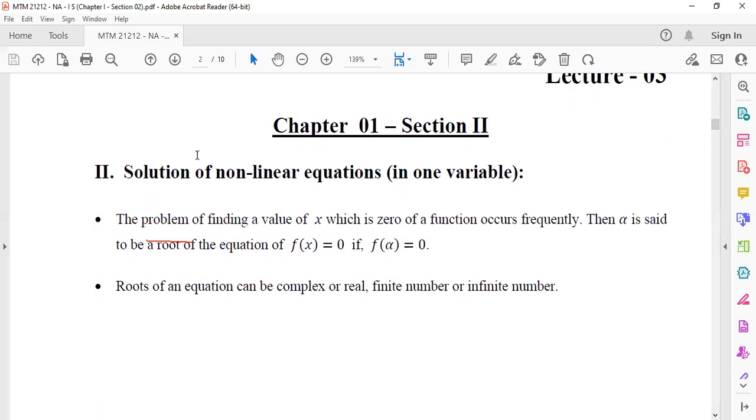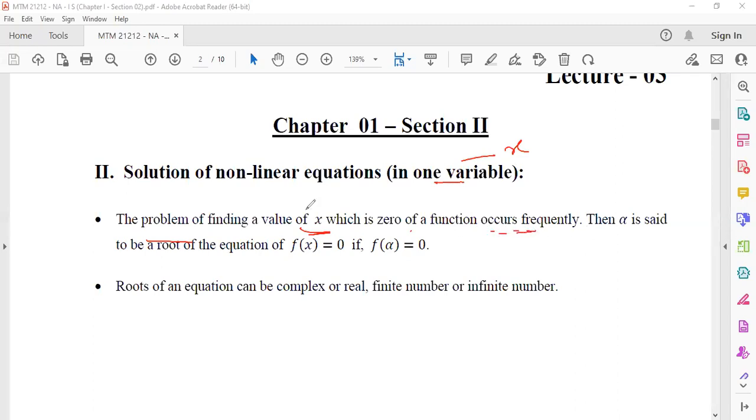So it says, the problem of finding a value of x. Here they are taking that one variable as the x most of the time. So the problem of finding a value which is 0 of a function occurs frequently.